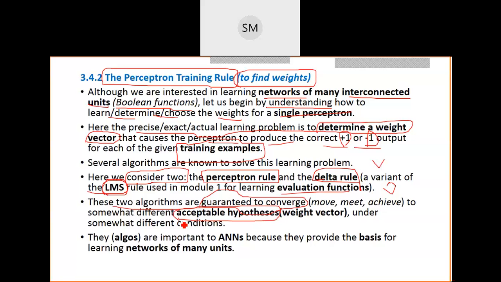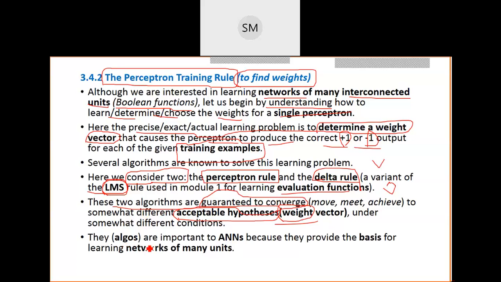The main purpose of these algorithms is to determine the weights, the weight vectors. The hypothesis space contains the small w, as I already told you. A hypothesis is nothing but a set of weight vectors. So the guarantee is that they will definitely give us an acceptable, correct hypothesis, which is a weight vector.